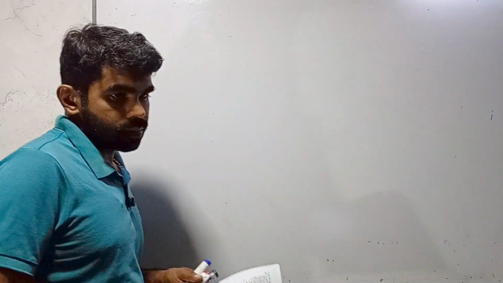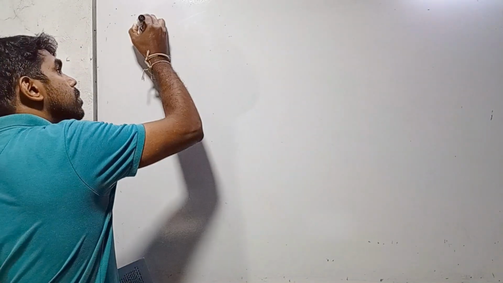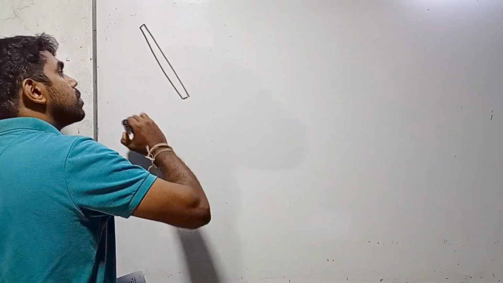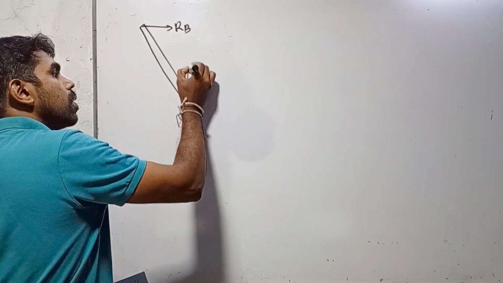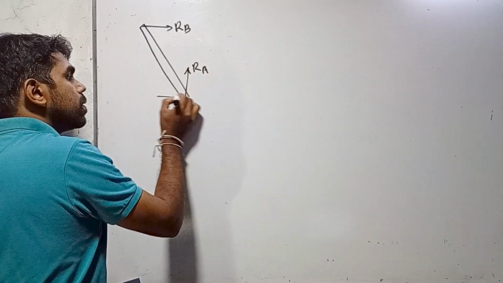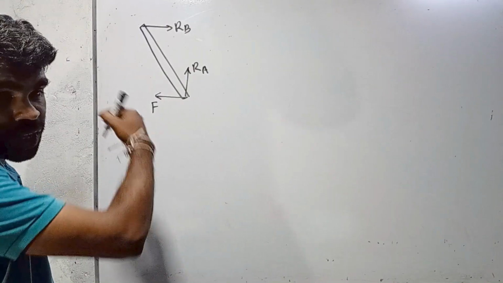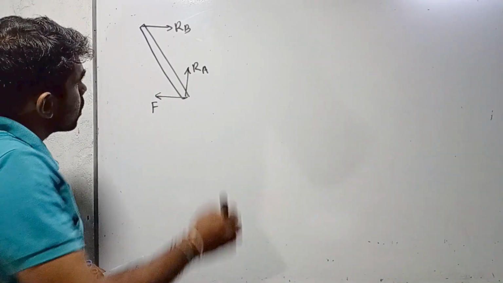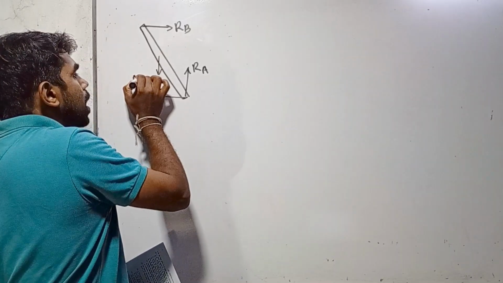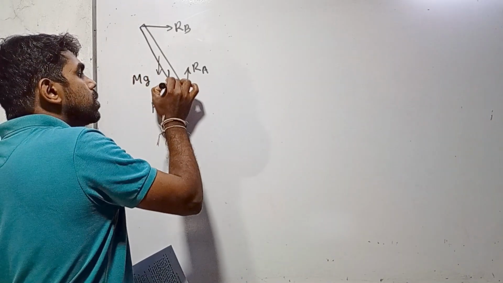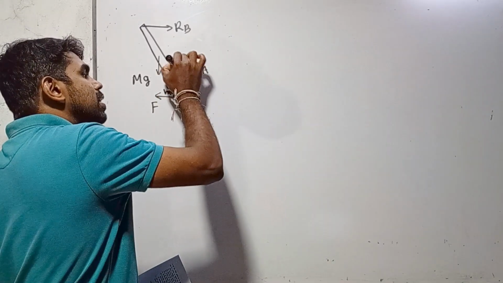Then when slipping, it is trying to slip. We know that frictional force is acting in this direction. I will mark capital Mg and small mg. Small mg is at x distance.